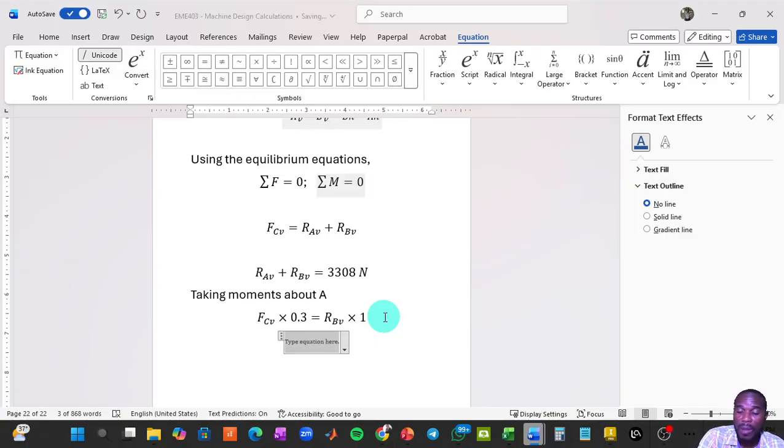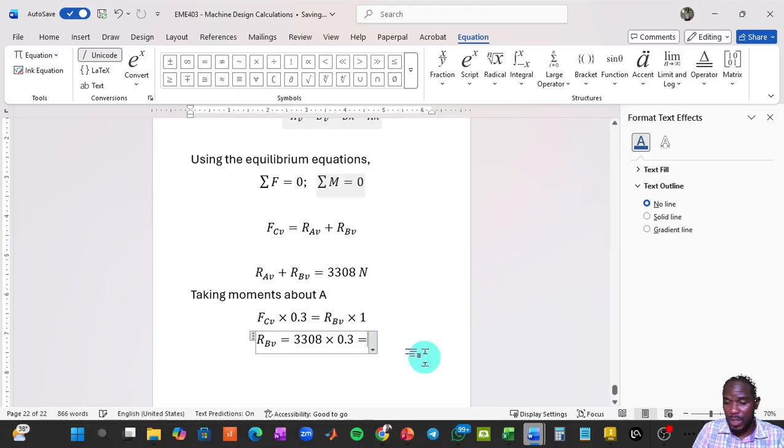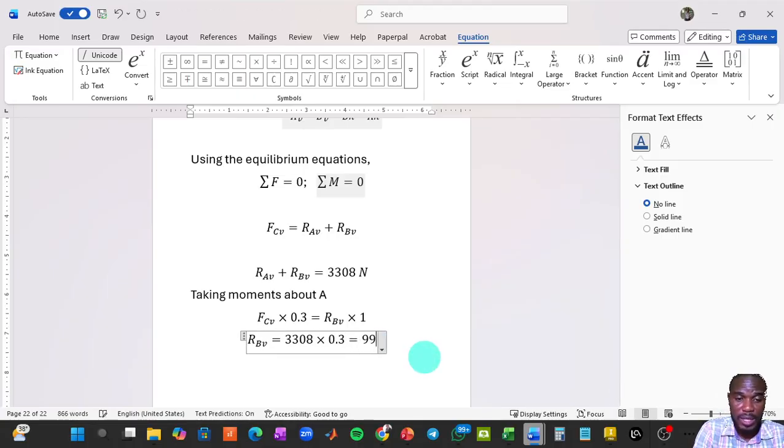So RBV, the vertical reaction at point B, is therefore 3308 times 0.3. So the value that we have is that RBV is 992.4 newtons. So we found RBV.